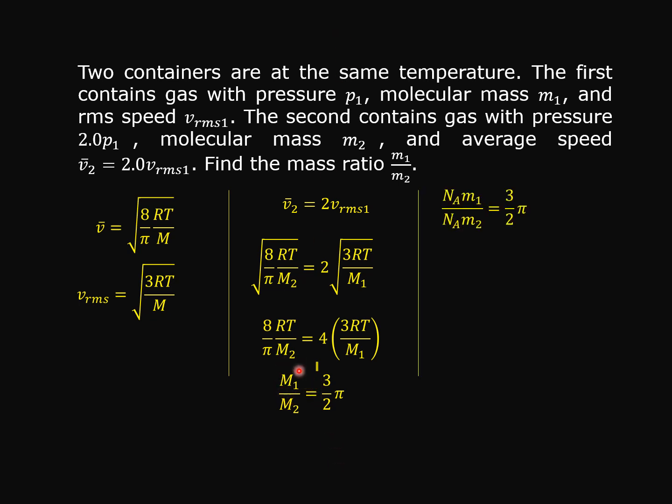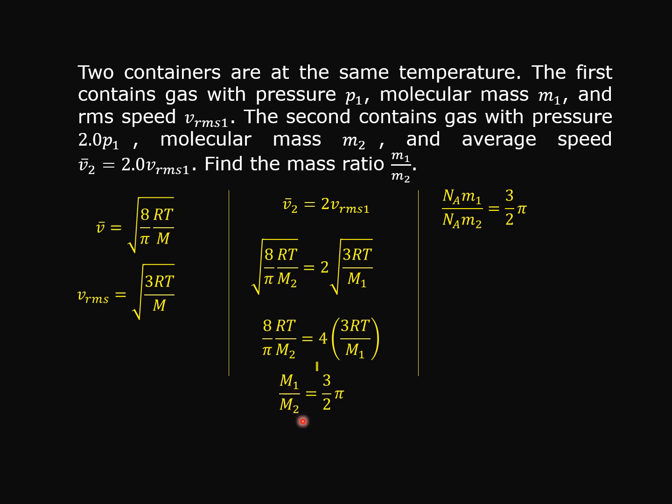The molar mass can be related to the molecular mass, where the capital M1 is equal to Na times the small m1. Na is the Avogadro number. This is the quantity of molecules or particles in the gas in 1 mole. Multiply it with the mass of one molecule, and you get the molar mass.